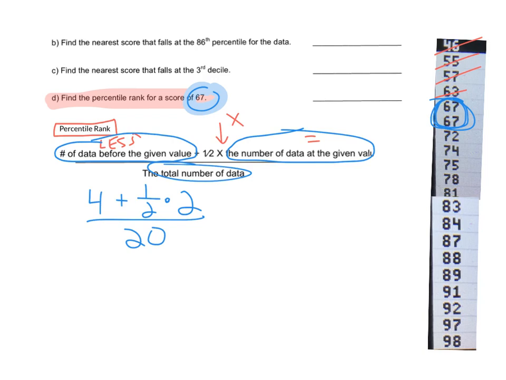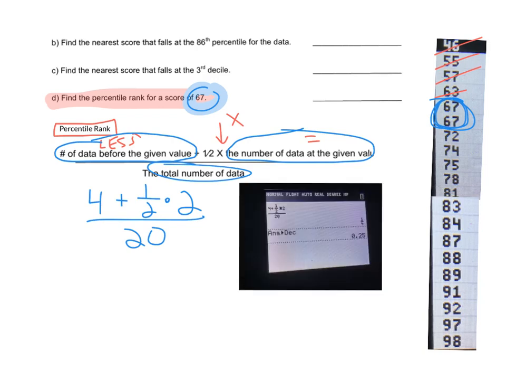So we're going to enter this into our calculator. And notice when we do this, we get 1/4, which converted to a decimal is 0.25. So that means we say that 67 is in the 25th percentile. What does that mean? That means about 25% of the data is less than 67.